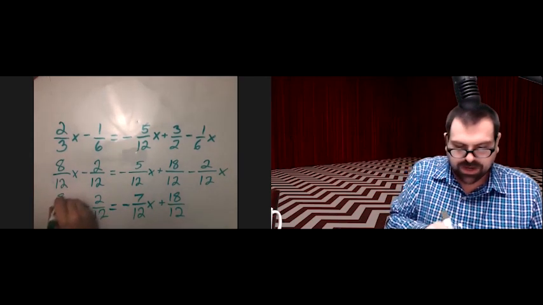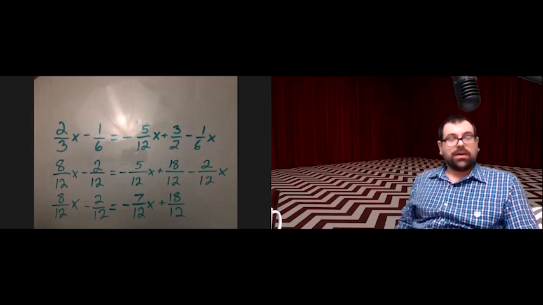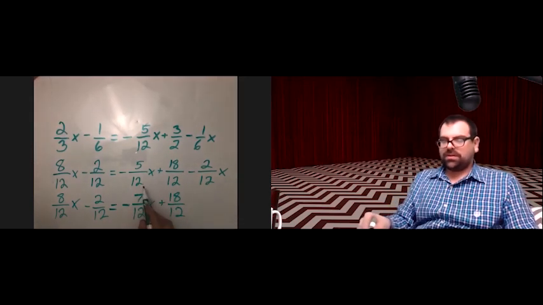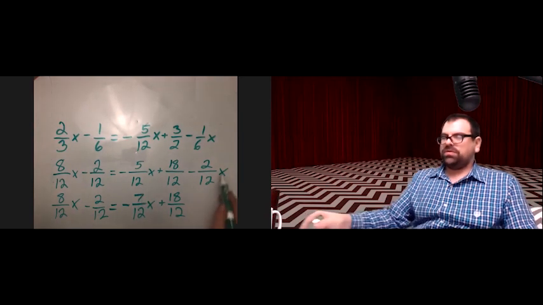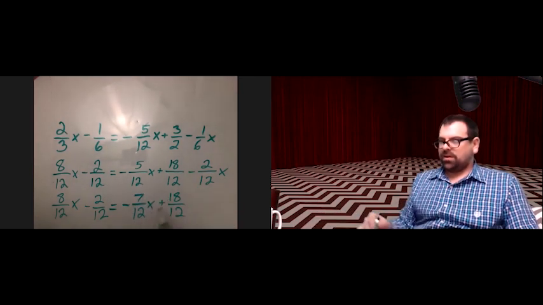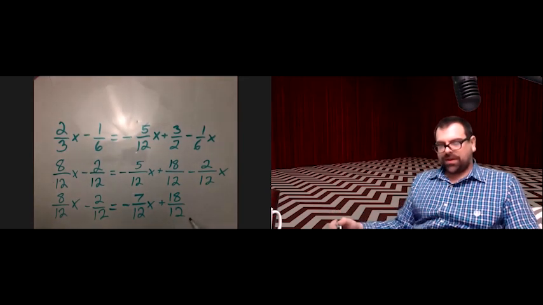Copy everything else down. So again, negative 5 of these 12ths minus 2 of these 12ths is going to give me negative 7 of these 12ths, and that was the coefficients of X. The 18/12 just carries on.